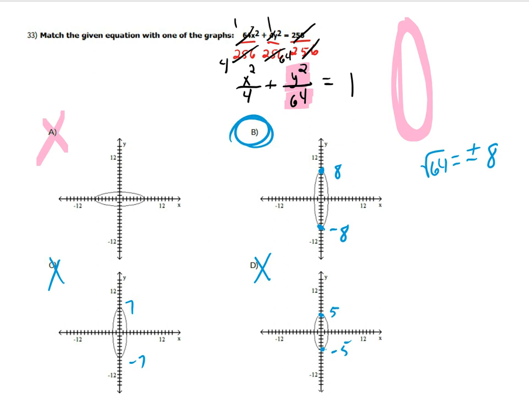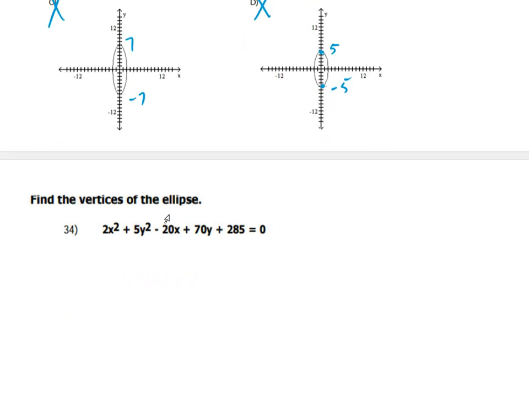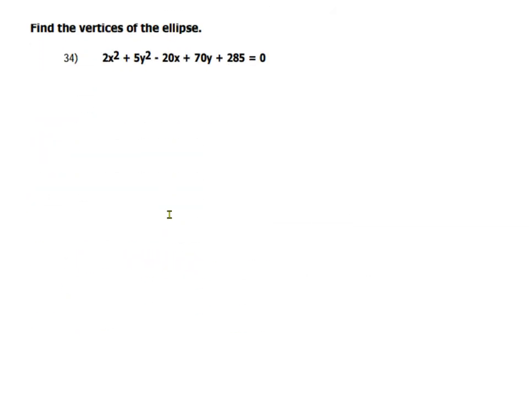Now, when I was doing my handwritten answer key on this next problem, I didn't leave a whole lot of room on the printout, but I think I should have enough room here to do it. So I wanted you to find the vertices of this problem. The first thing I have to do is regroup it. I need to put the x's together, so I'm going to have the 2x squared and then the minus 20x.